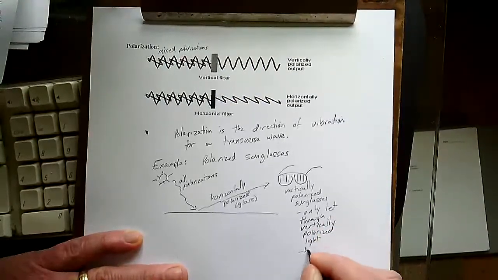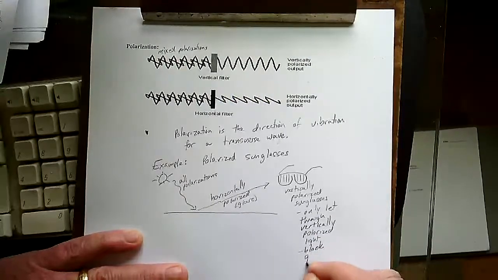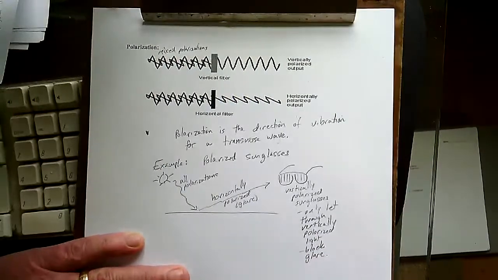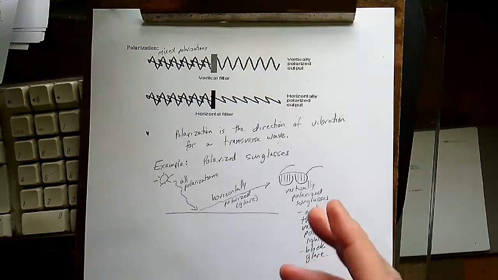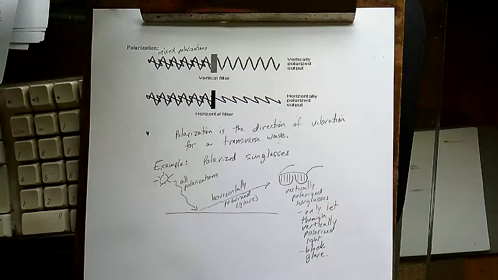So they block the glare. All right, so they're kind of special. Regular sunglasses just make everything darker. What polarized sunglasses do is they may be tinted to make things darker, but they're also specifically blocking this glare and letting the rest of the light through.